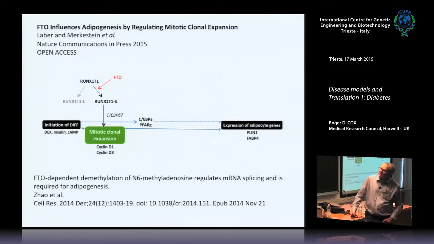So, as I said, this is in press at the moment. Another paper came out while our paper was being reviewed, from Zhao et al., and they report that FTO impacts splicing of this factor called RUNX1T1. There's a short and long isoform, and FTO demethylation promotes the short isoform, which is pro-adipogenic.